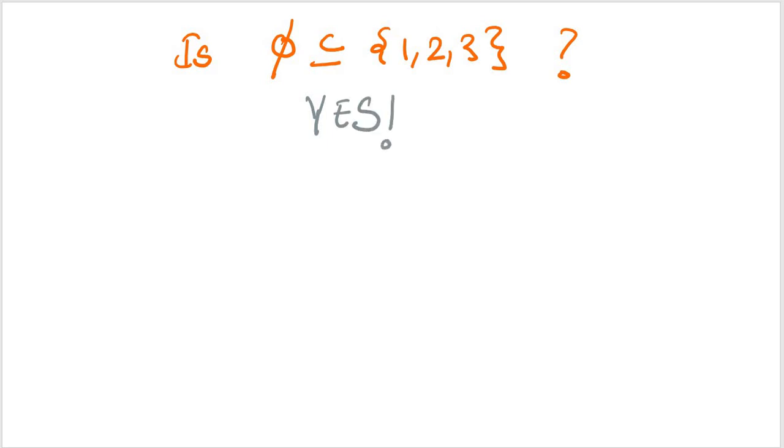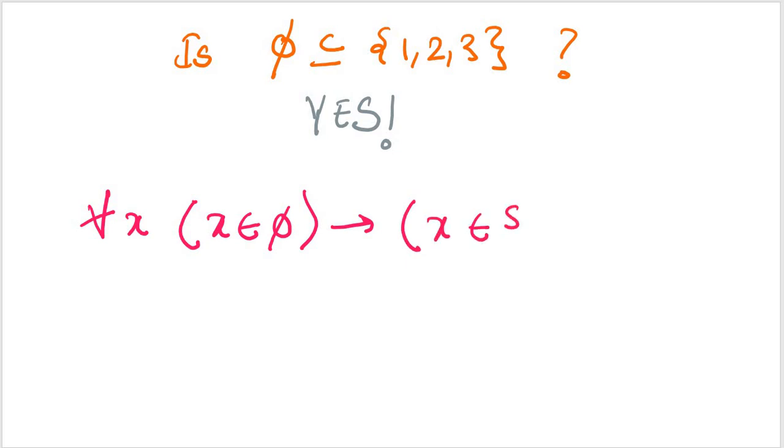My question is: is the empty set a subset of 1, 2, 3? Does this hold true? The answer is yes. The reason being, for all x where x exists in the null set, this implies x exists in 1, 2, 3.